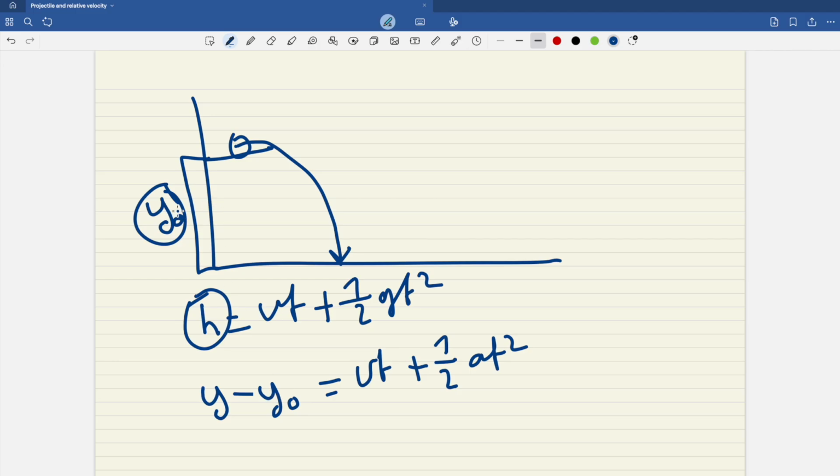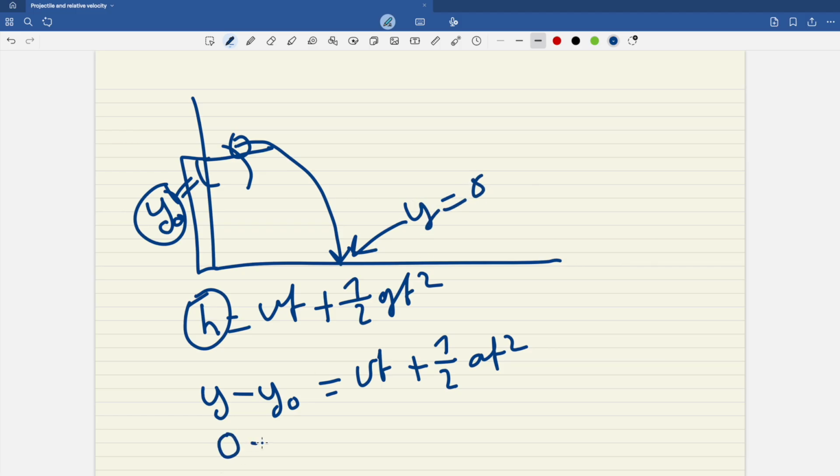So this is y naught, this is y naught, this is y naught, and this is y naught, right? The initial y naught had a value of something meter or centimeter, feet or whatever, but the final y is 0.